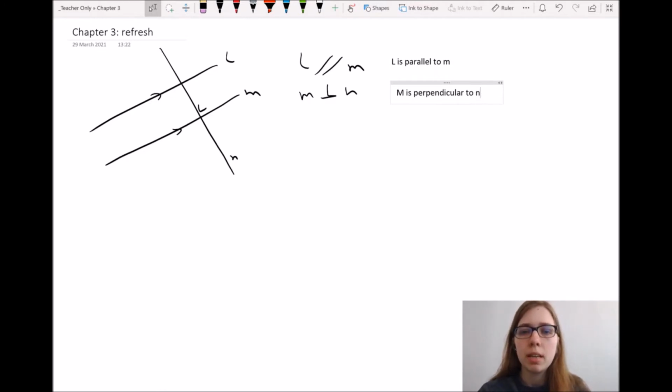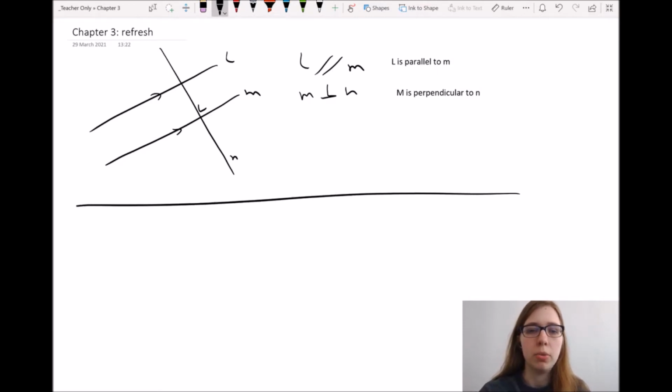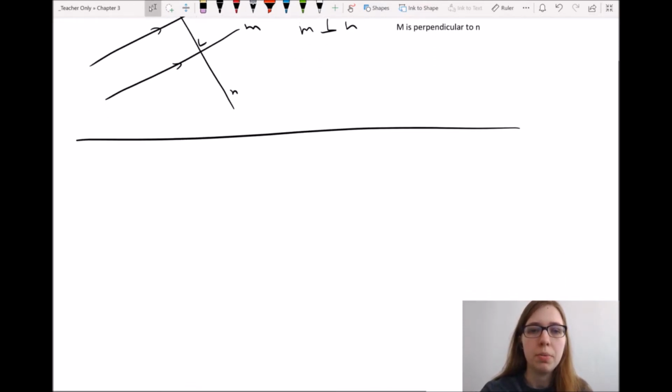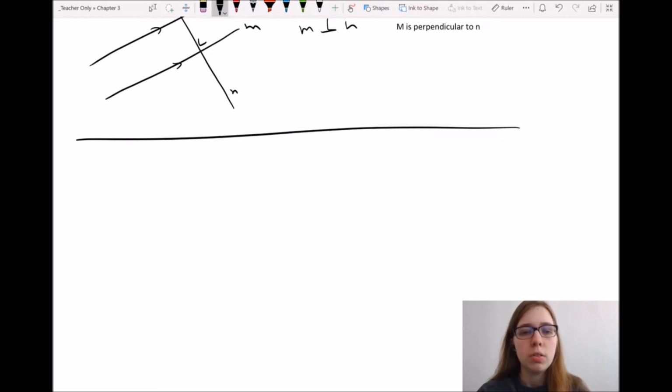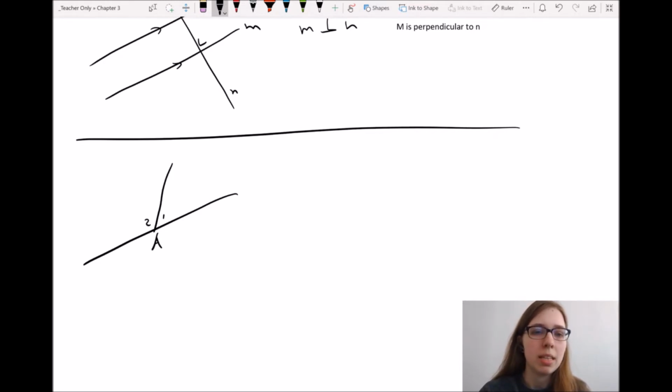Okay, so we've got that going on. More interesting right now is going to be those rules about angles. So these, again, they're going to be nothing new. You know how they work. It's just important what their names are. So one that we have is if we have something like this, angle A, and it's spread out in 1 and 2, then we know that angle A1 plus angle A2 is 180 degrees.